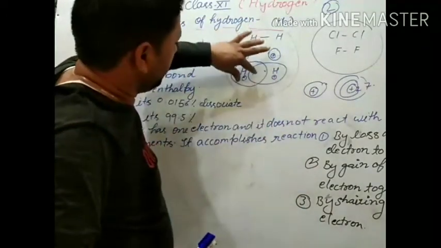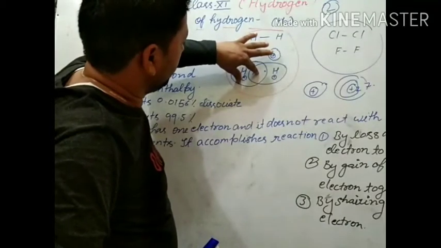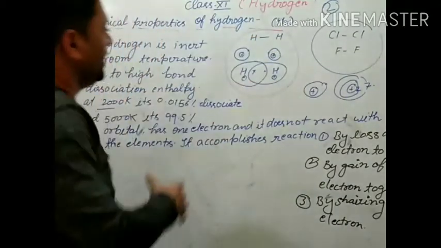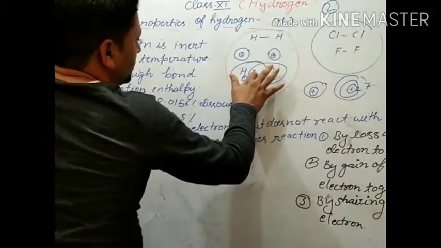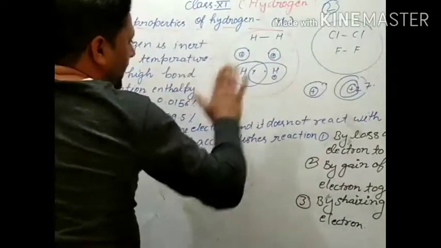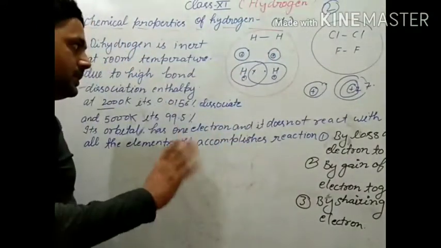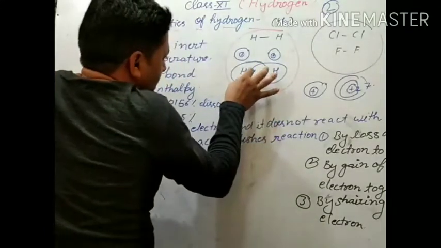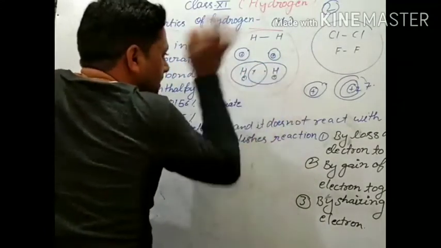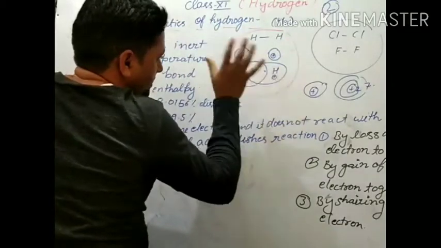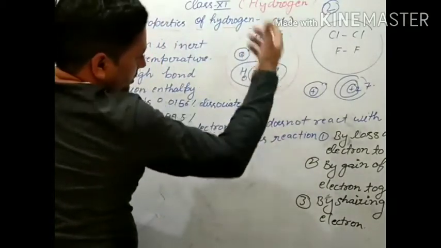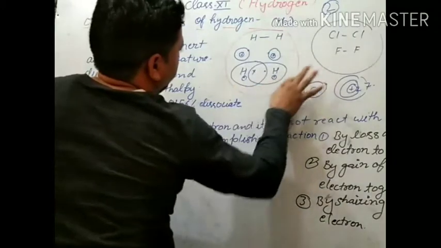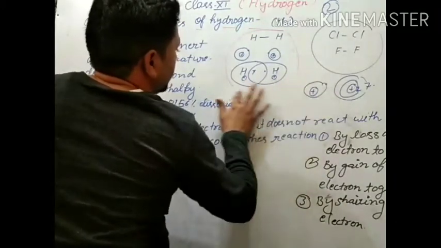So the bond dissociation enthalpy of hydrogen is higher because the nucleus is closer to the electron. I have already told you that bonding is nothing else but attraction between opposite charges. The opposite charges are closer in this case, so they attract each other strongly, and the bond dissociation enthalpy for hydrogen is highest.